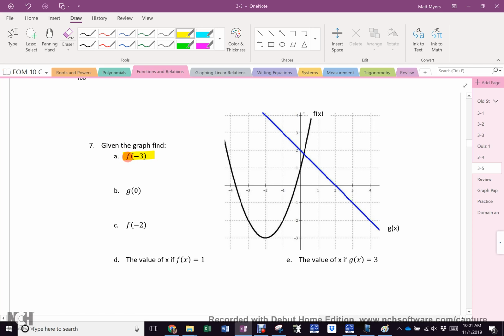Because it says f. This function is named f. Now, is this value an x value or a y value? An x value. How do you know it's an x value? Because when it says f of x, the negative 3 is replacing the x. Nice. According to this, x now equals negative 3, right?